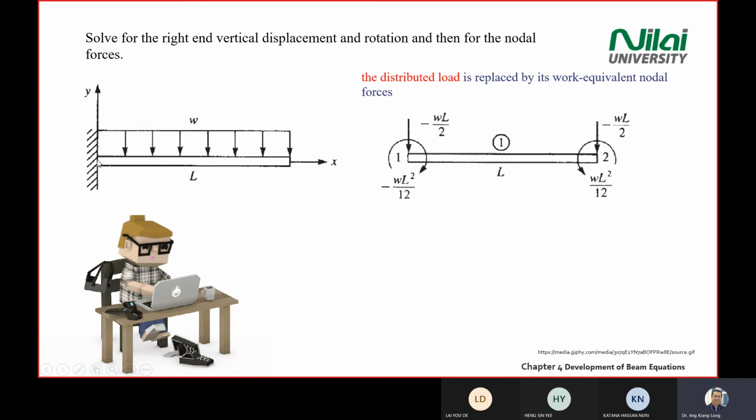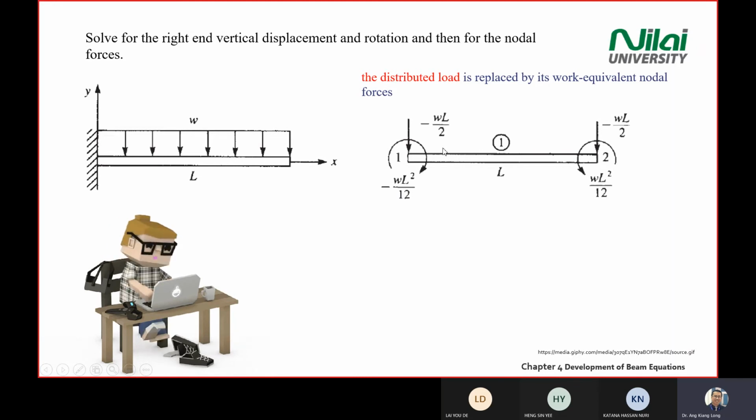The beam structure just now, you replace with the moment and the local forces at both ends. All these numbers you can refer to Appendix D. All these numbers, negative WL squared divided by 12, on the left hand side there's a negative, and there's a positive sign on the right hand side.